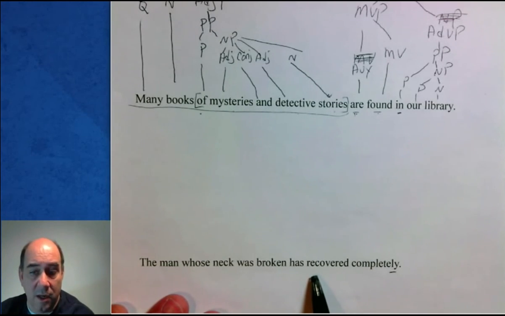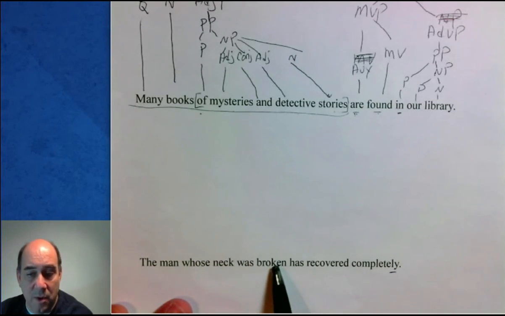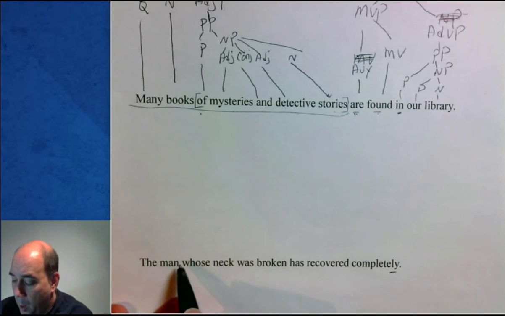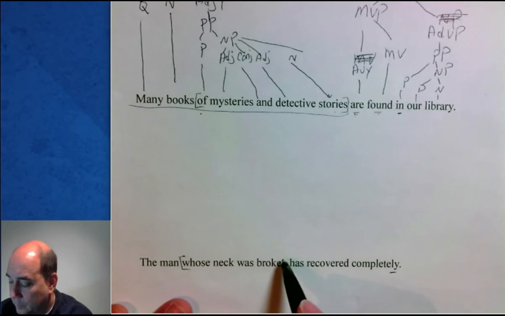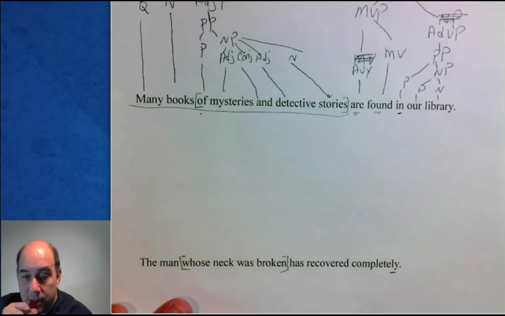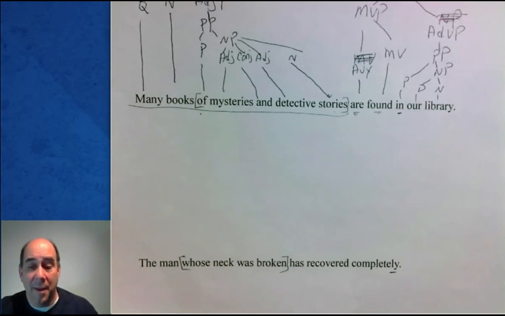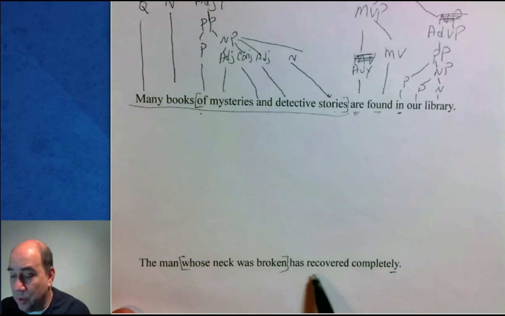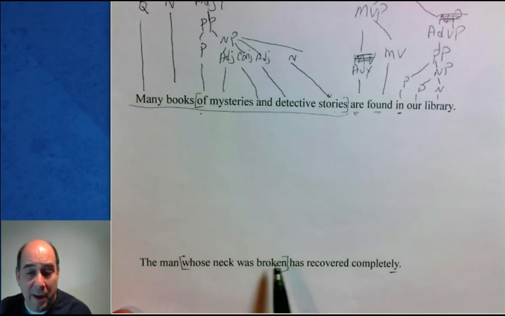This can't work. I've got to have a clause somewhere. Whose neck? Who are we talking about here? Well, the man's neck. The man's neck was broken. This looks like a clause right here. So this part, the man is the subject, and has recovered is the main verb, but this thing here is also describing which man.